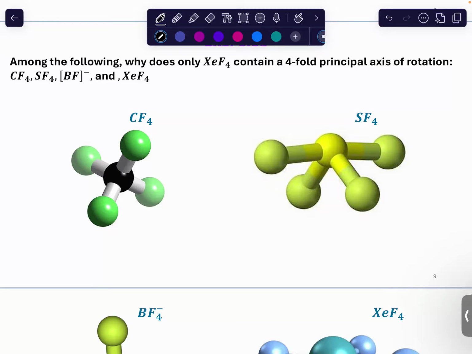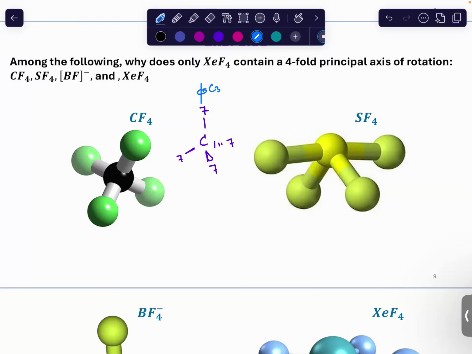If you go straight down each bond, if you imagine the molecule sitting like this, then yes, straight down each bond is a C3.